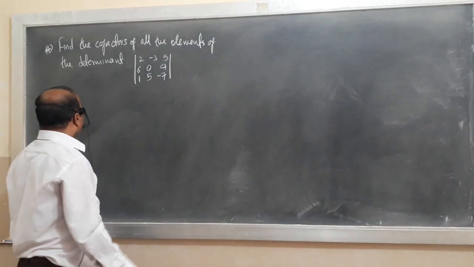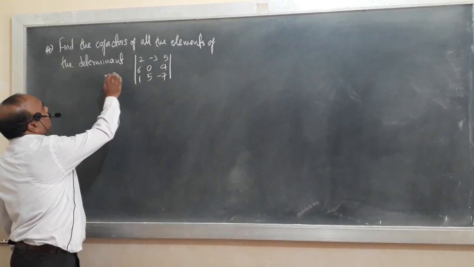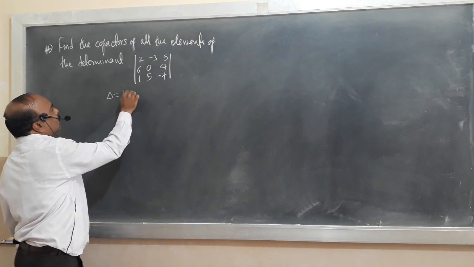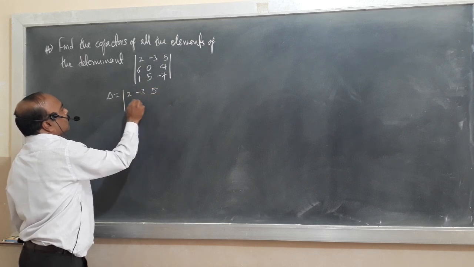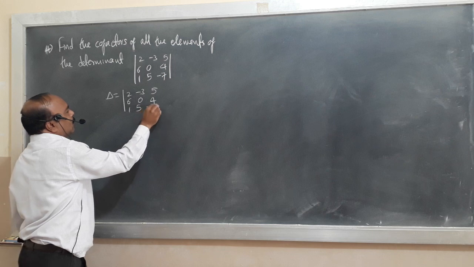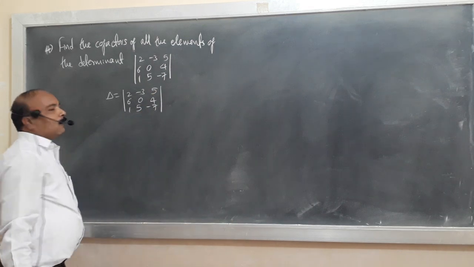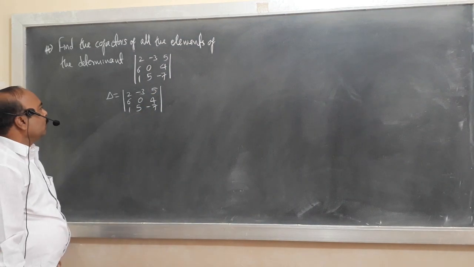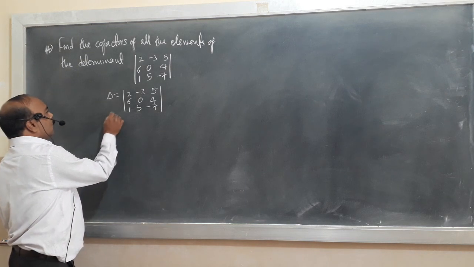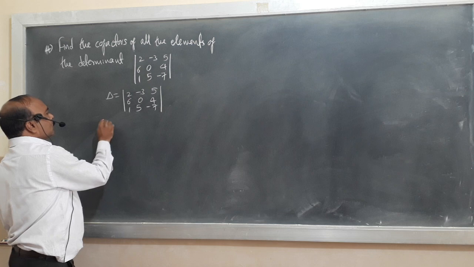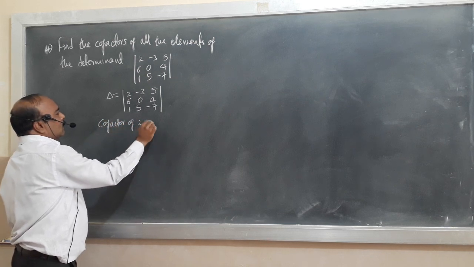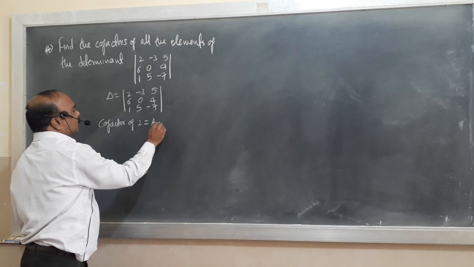Next we go for one similar example. Here the determinant is given as delta equal to 2, -3, 5; 6, 0, 4; 1, 5, -7. Now we calculate the cofactor of every element by using the same formula. First we go for the cofactor of 2, which is a11.